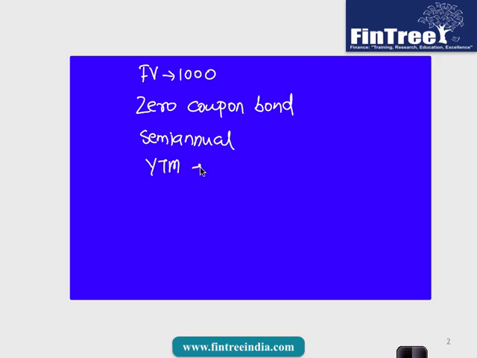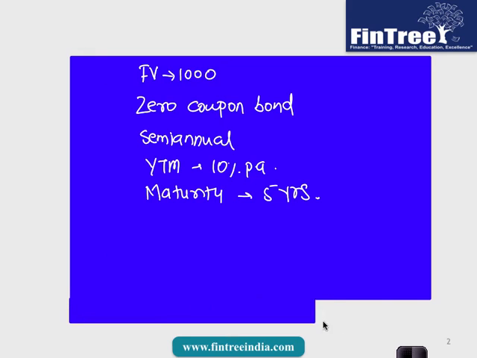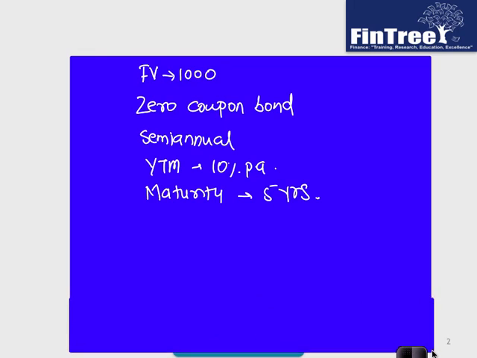YTM is 10% per annum, and maturity is 5 years. Calculate the market value of the bond today.